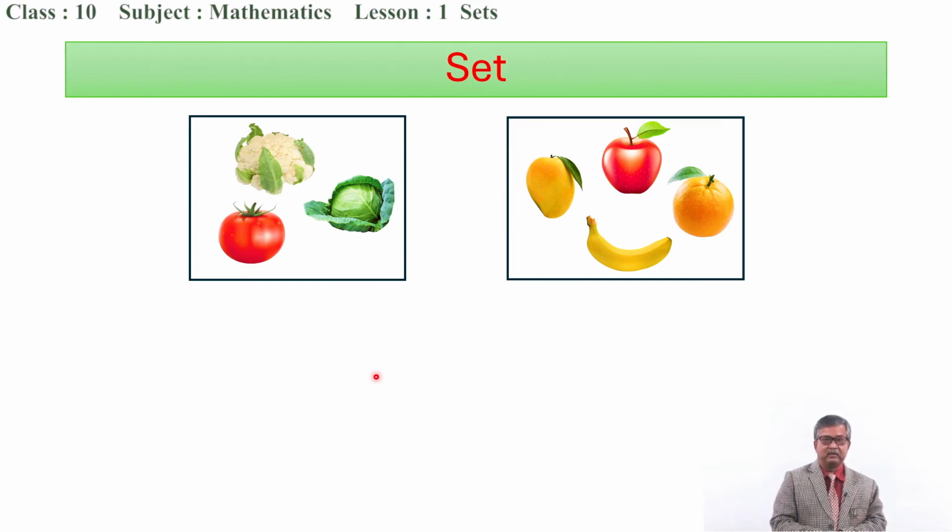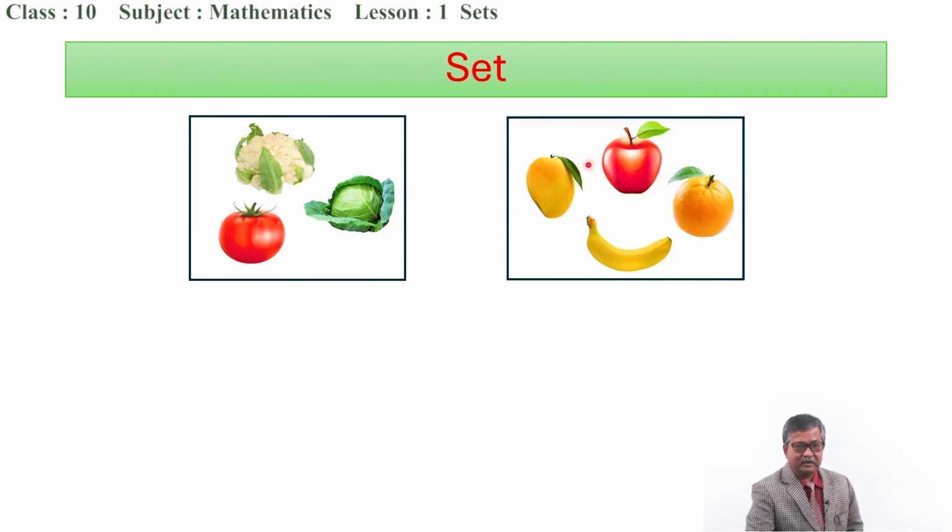So what type of sets are there? In the first set, what are these objects? Yes, these objects are vegetables, because here is cauliflower, next is cabbage, next is tomatoes. So these are the vegetables, isn't it?